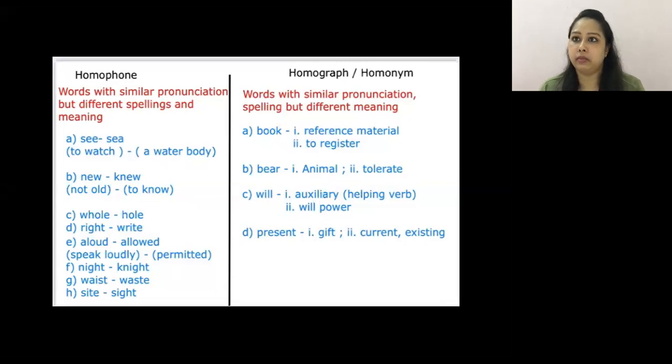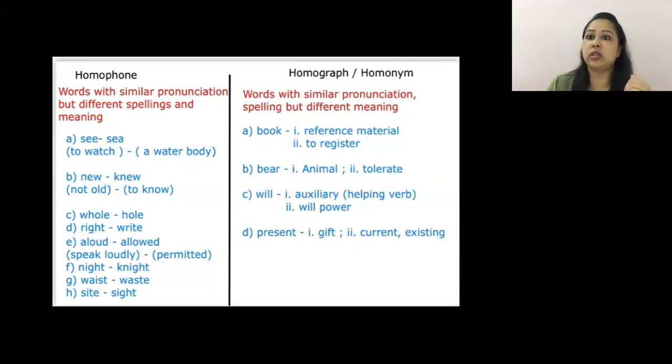Coming to homographs or homonyms. Words with similar pronunciation and spelling, but different meaning. They are homographs or homonyms. Book. First book is your reference material, your notebook or something, and the other book is to register. You book yourself for an event.